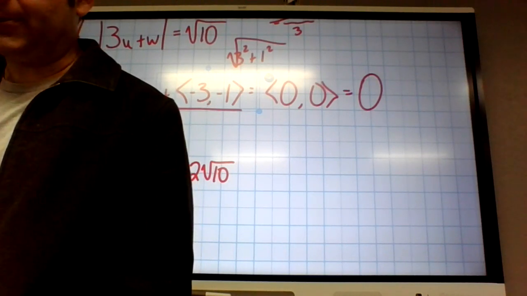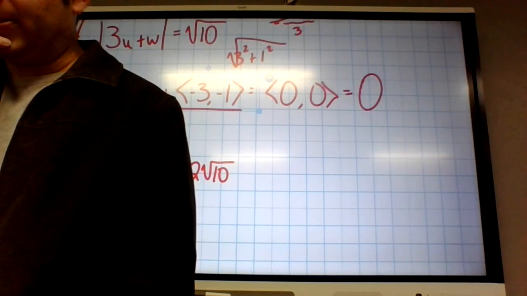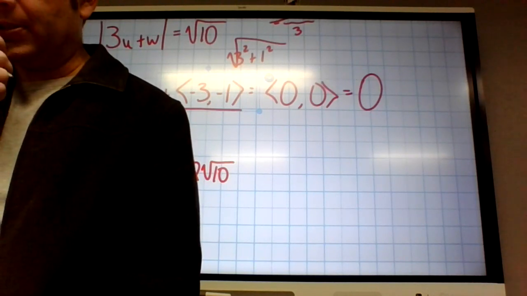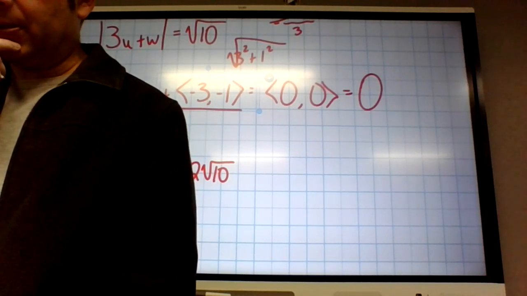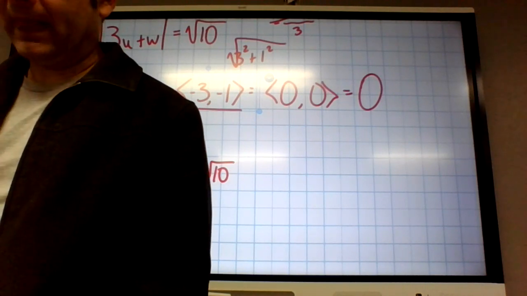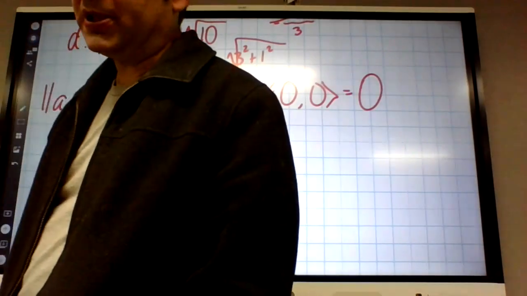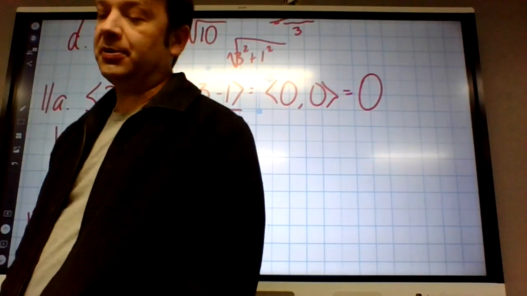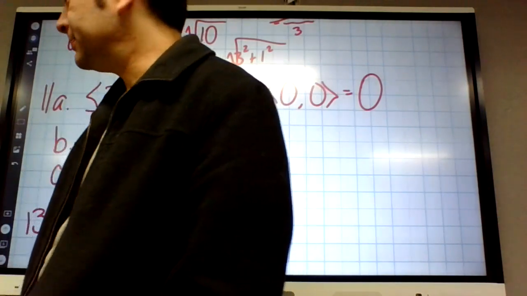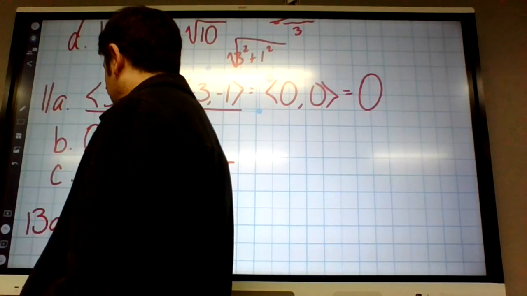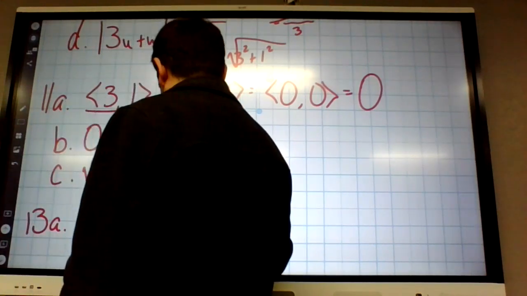Half of the way from A to B. That one's kind of obvious. So 13, what's half of the way from A to B if A is at 0, 0 and B is at 6, 3? Guys, come on now. What's halfway between these two?